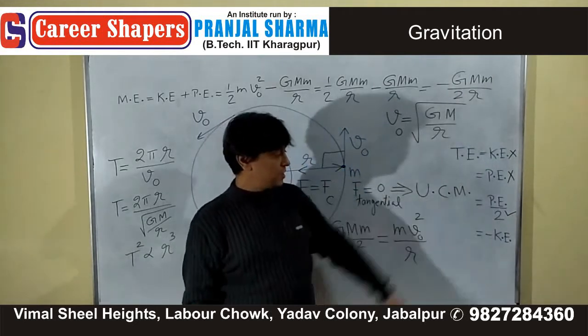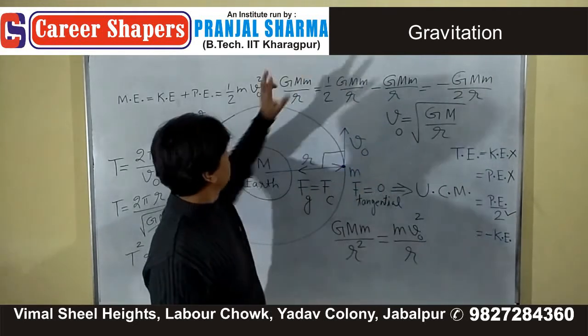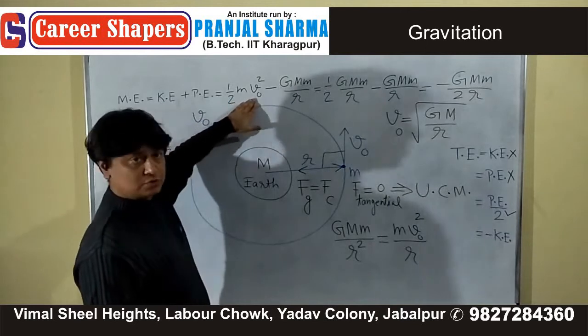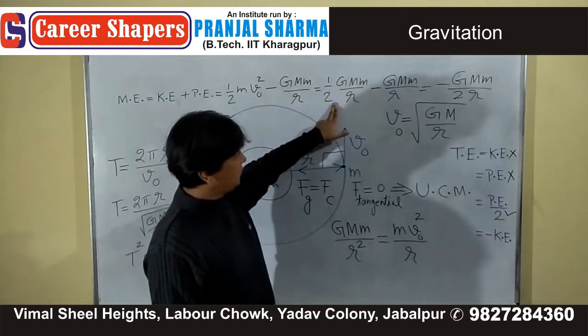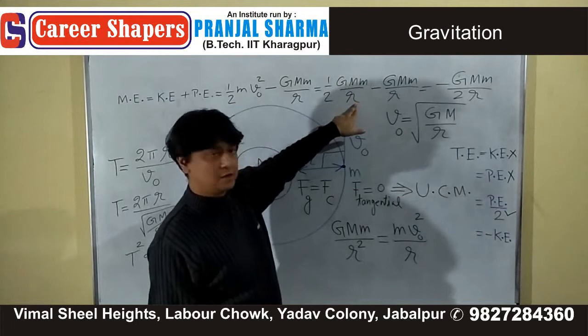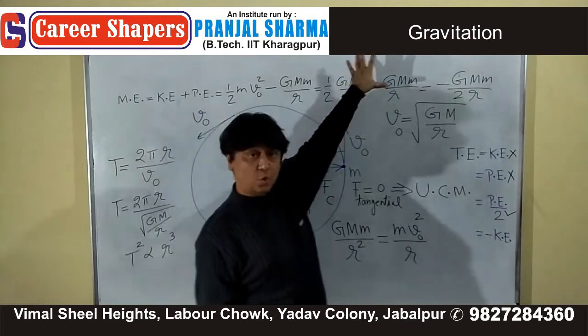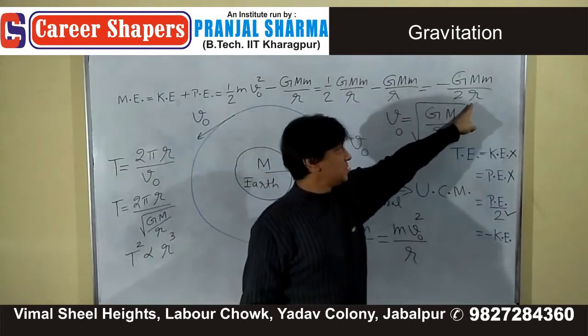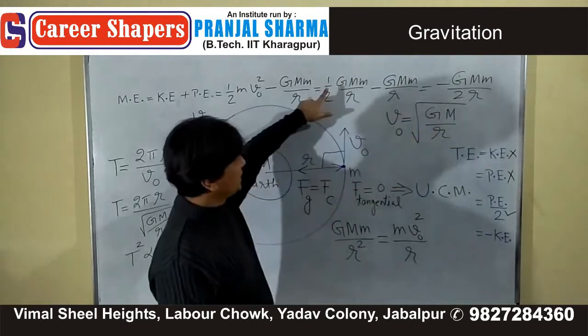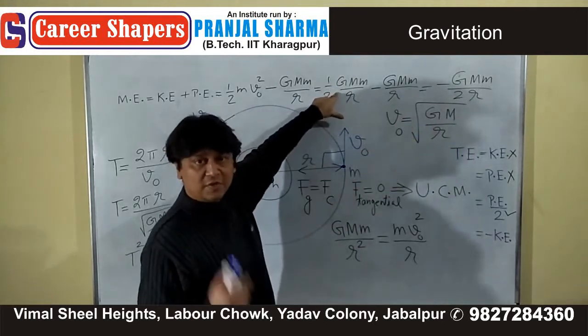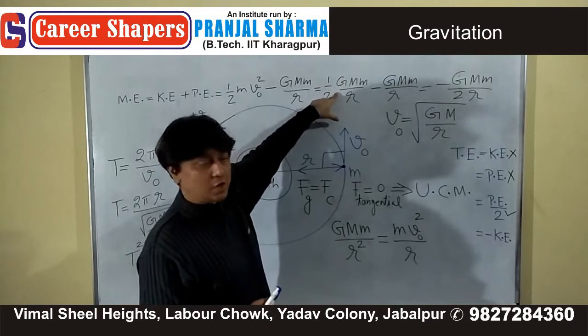Now, look at the fourth one. What is kinetic energy? Kinetic energy is half mv0 square, which is half of GMm by r. But what is potential energy? What is total energy? Minus of GMm by 2r. That means if you put a negative sign in front of this, then it gives you total energy.